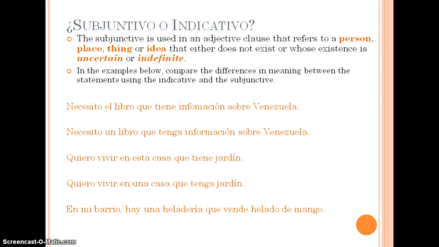In my neighborhood, there's an ice cream shop that sells mango ice cream. Versus, en mi barrio no hay ninguna heladería que venda helado de mango. In my neighborhood, there is no ice cream shop that sells mango ice cream. There you can see, hopefully, the differences between when I use indicative and when I use subjunctive.